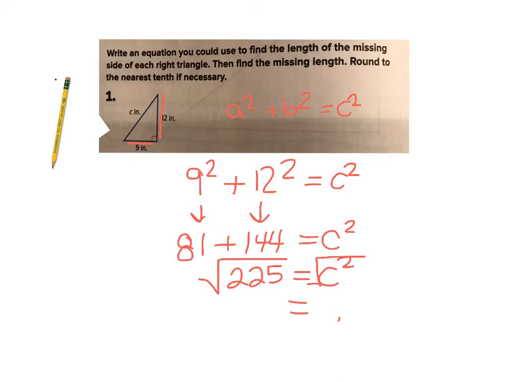If I take the square root of C squared, it's going to give me just C. And the square root of 225 is actually going to come out to be 15 because my length has to be a positive number. So 15 is my answer.